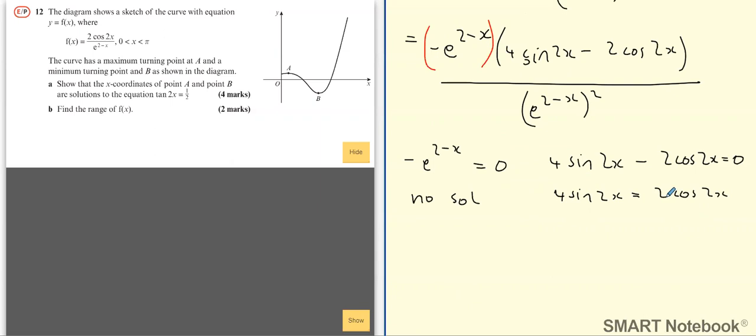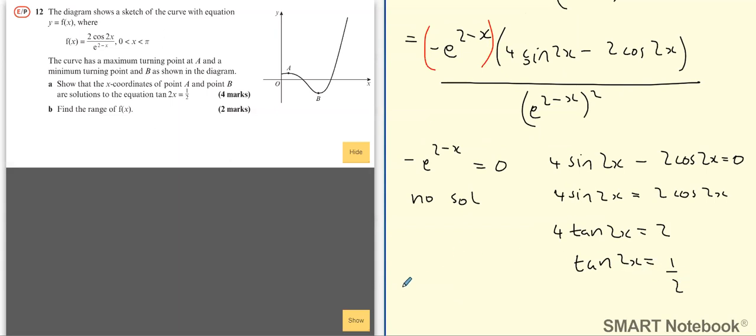If I think I need to get to tan, then I need to divide both sides by cos 2x, because I want sine over cos. And if it's tan 2x, I need to have sine 2x over cos 2x. So I'm going to get 4 tan 2x equals 2. So tan 2x equals 2 over 4, which is a half.